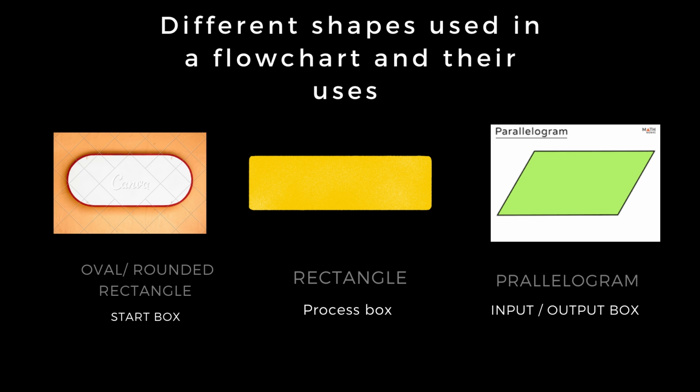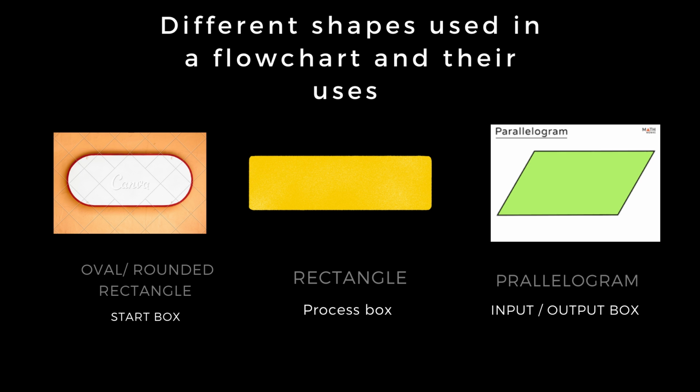The second is the rectangle, which we call the process box while designing a flowchart. And the third is the parallelogram, whose name here is the input and output box.